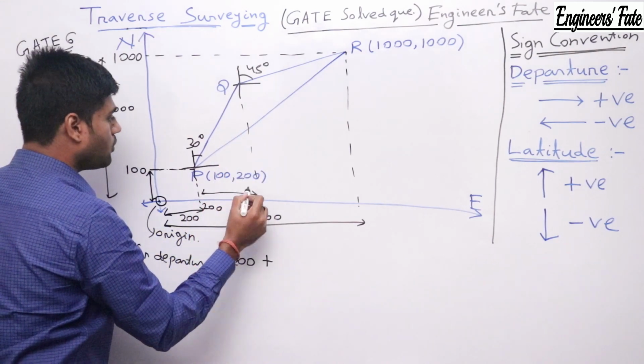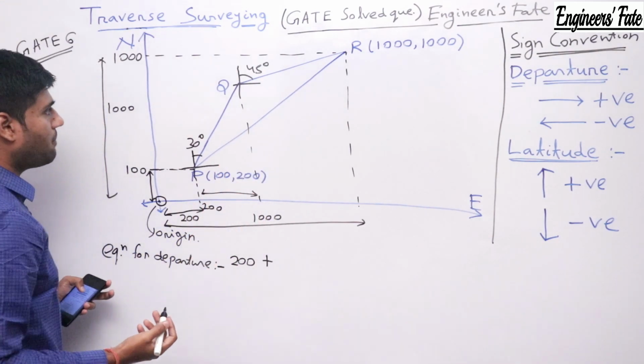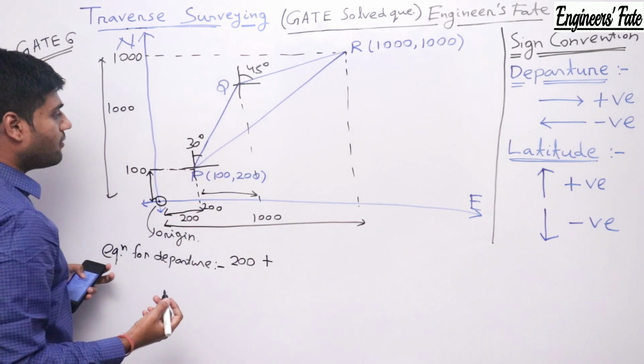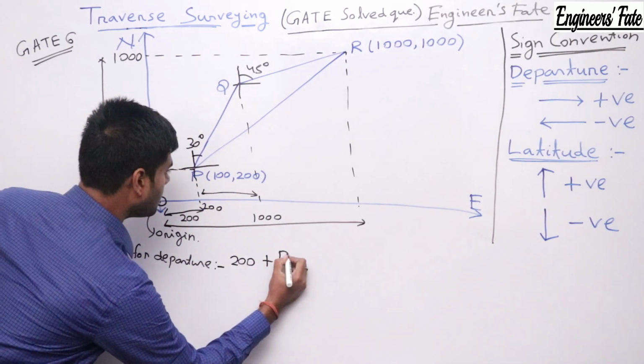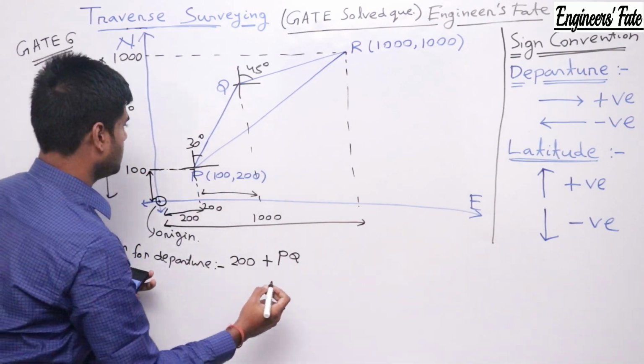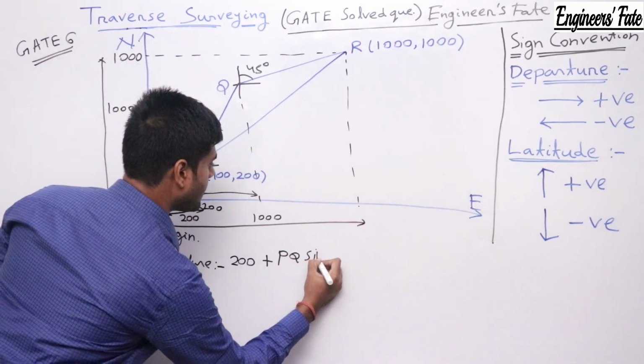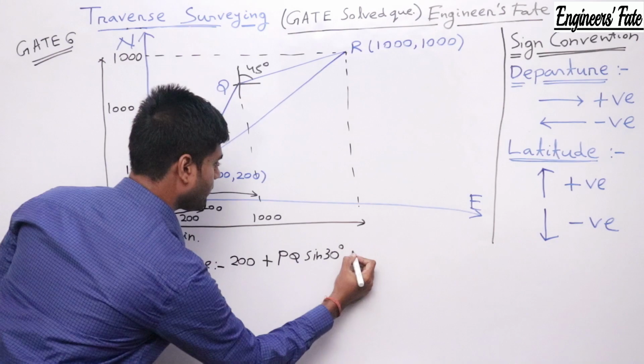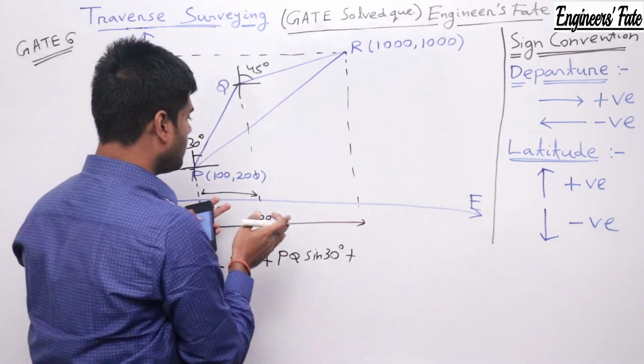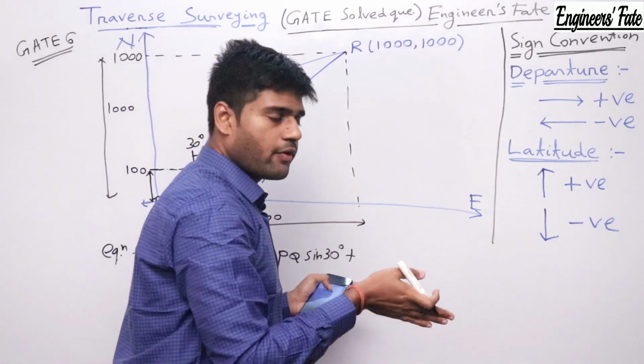This much distance will come in the form of departure. So what is that value? That value is PQ sine 30 degree.